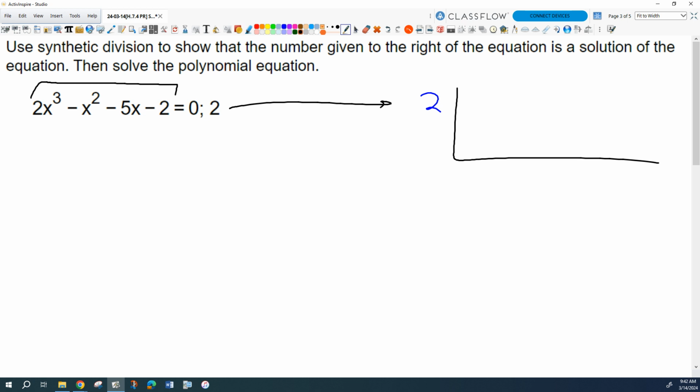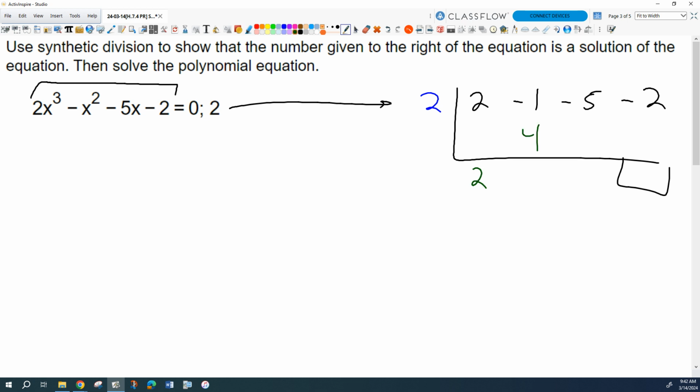Okay. So what do I need in the top row of my synthetic bracket? Tell me the numbers. And that's what we're looking for, the remainder. Okay, so what do I get? If I do the process here, what do I get? Carry the 2 down. Multiply the 2 by 2.